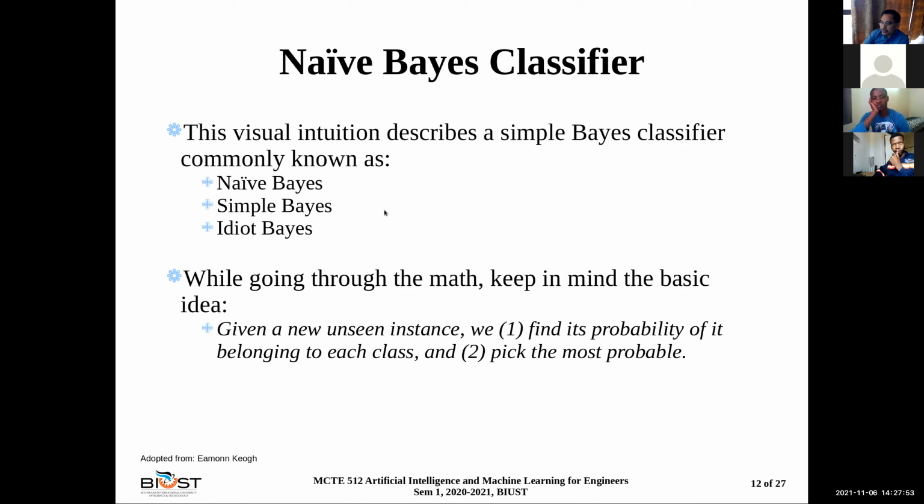While going through the math, let's keep in mind that given an unseen instance, a new crocodile or alligator that we don't know, we find its probability of belonging to each class and pick where it is most probable. And this is a new unseen instance of the body length.